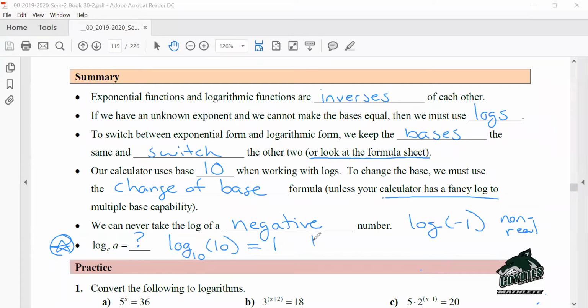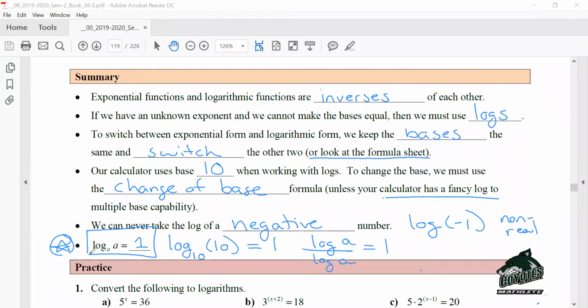Why does it say that? Because using change of base, what I'm really doing is going log A divided by log A. So this will always equal 1. So when the base and the argument are the same, it will always equal 1.